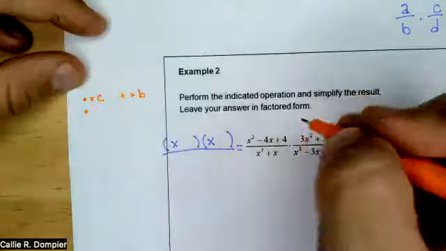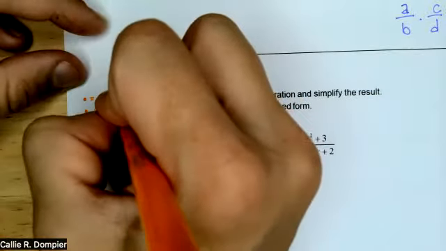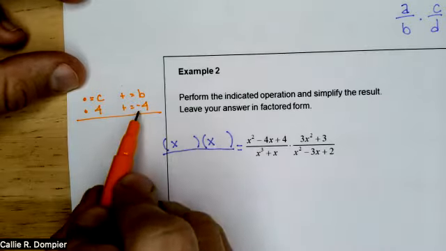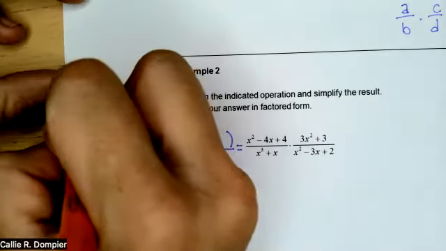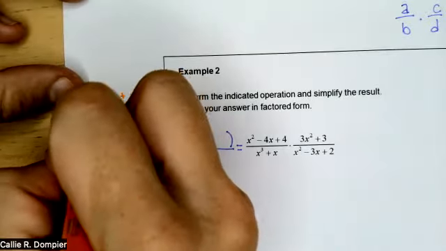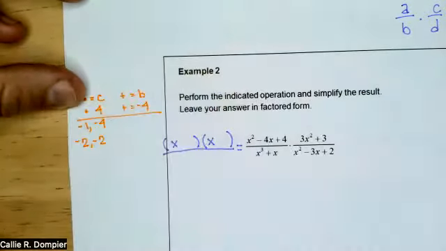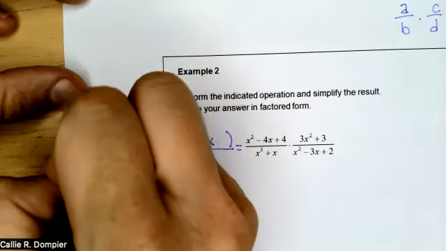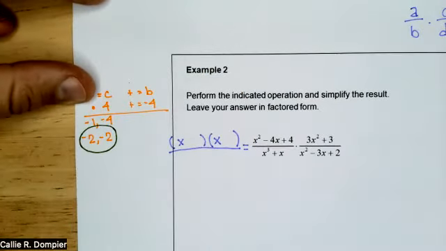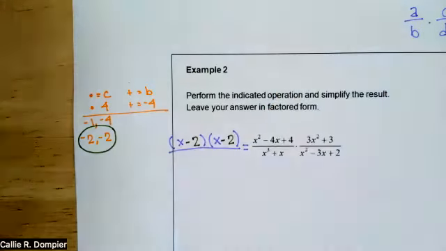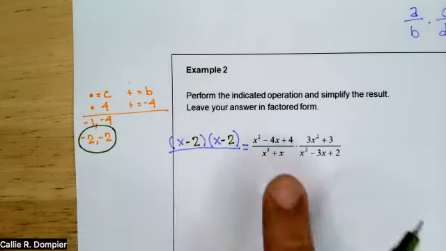So it's going to multiply to equal a positive 4, add to equal a negative 4. What are our factors that need to add to a negative? It's either -1 and -4 multiply to a positive 4, or -2 and -2 multiply to a positive 4. Which ones add to -4? -2 times -2. So it's x minus 2 times x minus 2. That's the simplest form of that trinomial.